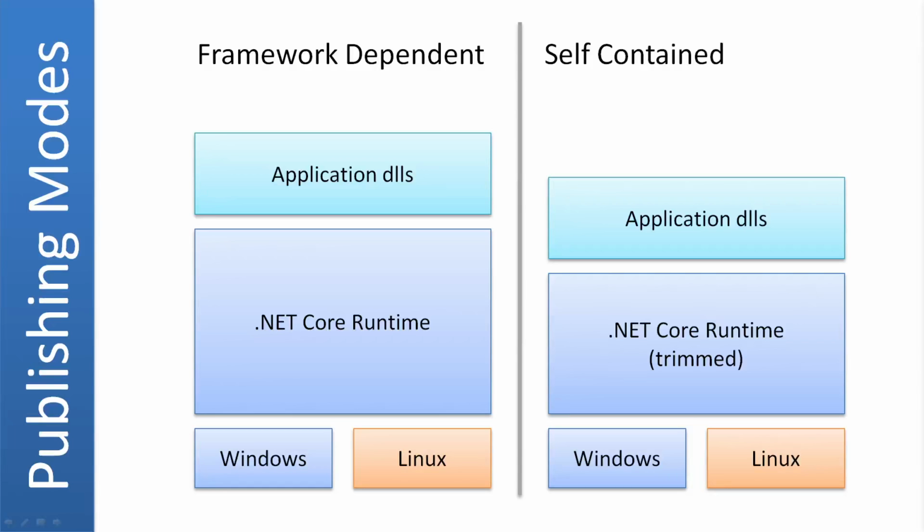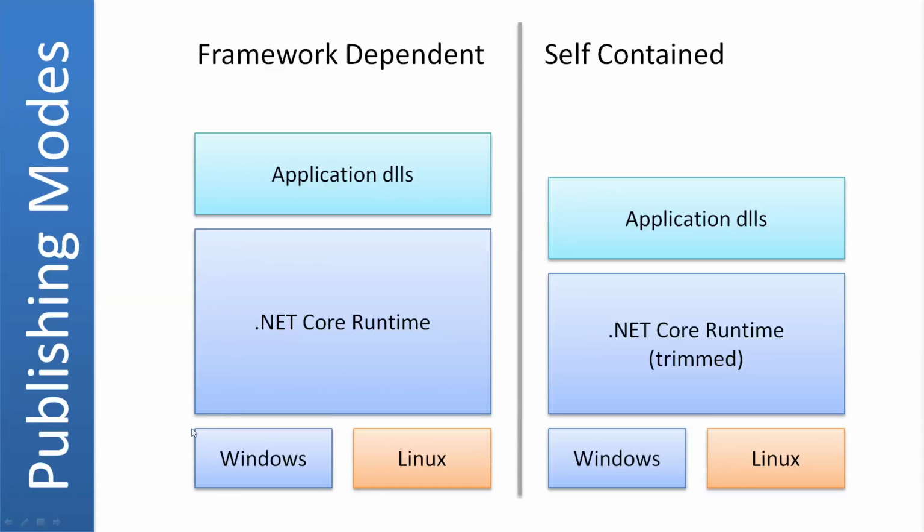Before creating a .NET Core application which is targeting multiple platforms, let's understand a few things that .NET Core supports in terms of publishing modes. There are a couple of publishing modes. One is framework dependent, another one is self-contained. Framework dependent says that you need to have the .NET Core runtime installed on a target machine.